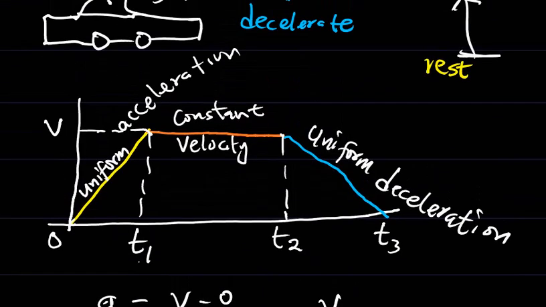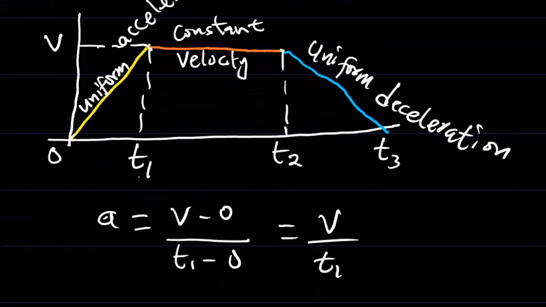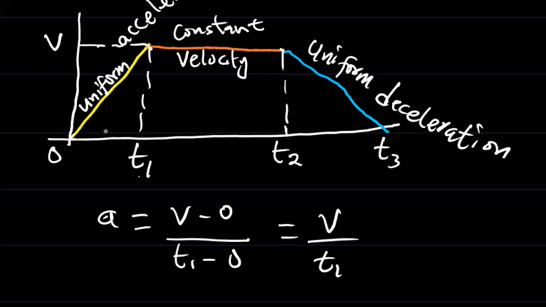The total distance is actually divided into three different segments of this journey. First is the uniform acceleration, so this object covers a distance of v multiplied by t1. Second is the constant velocity, where there's a distance covered.